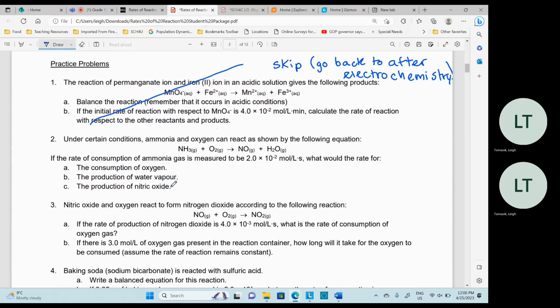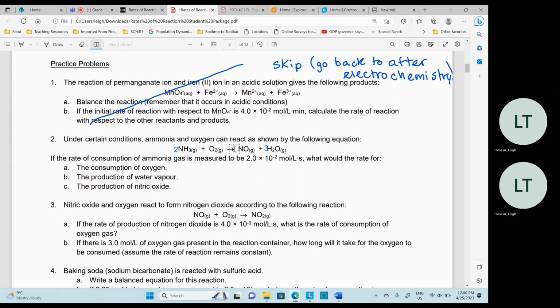So we have to fix that. So if we put a 2 in front of NH3 and a 3 in front of H2O, that means we have 6 hydrogens on both sides.